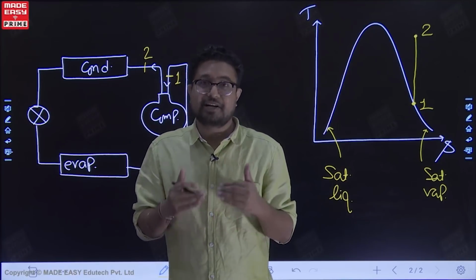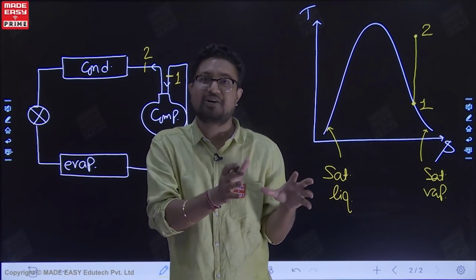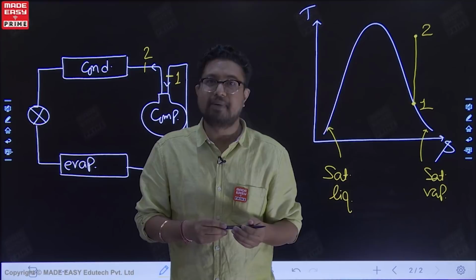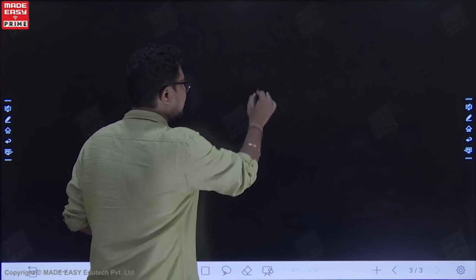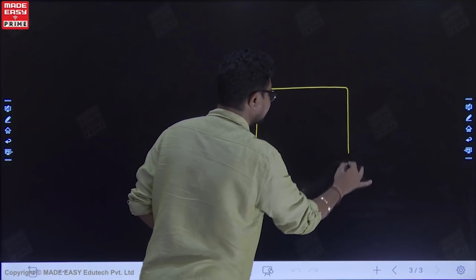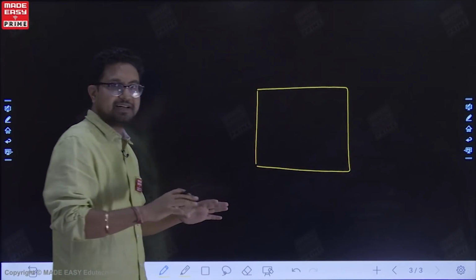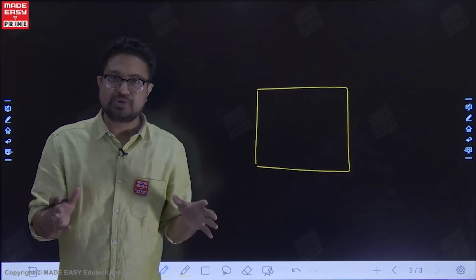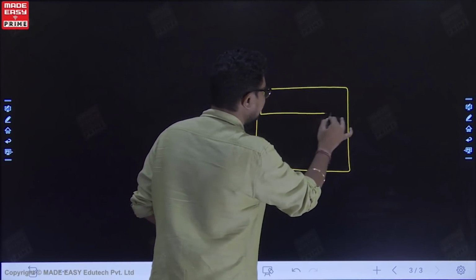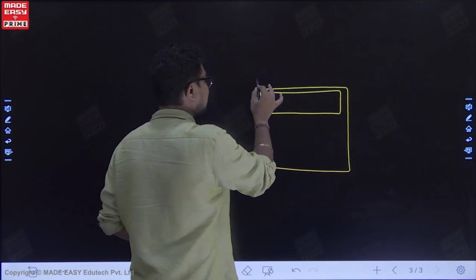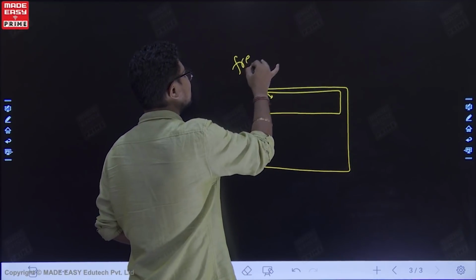The refrigerator requires the inside of the refrigerator to be maintained at a low temperature. Suppose this is a refrigerator, the domestic refrigerator that is used in our homes. In that domestic refrigerator, we have a freezer section. This is the freezer section.